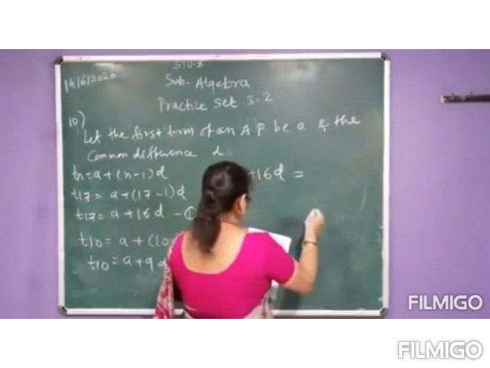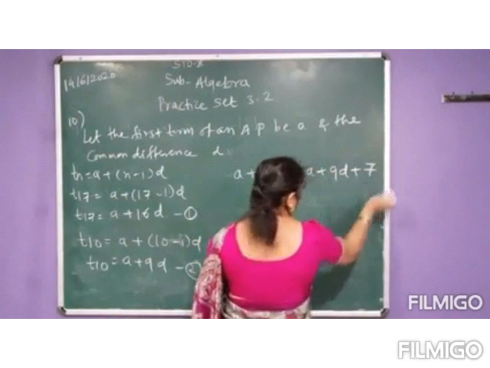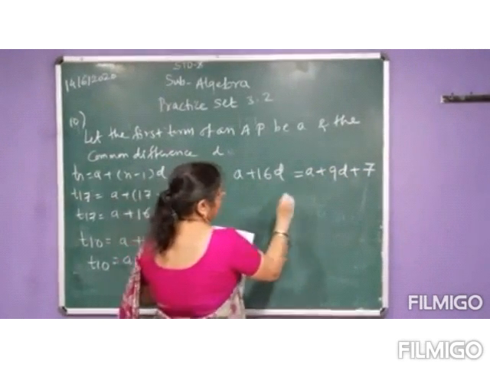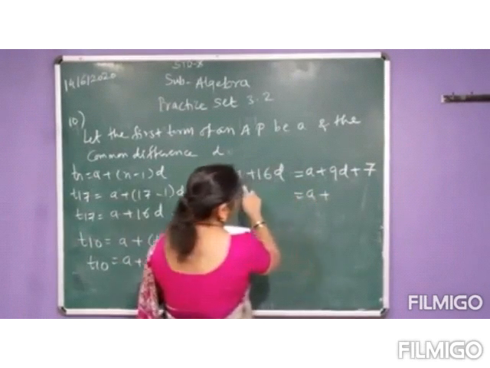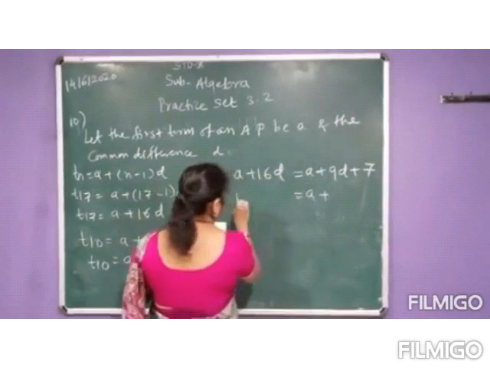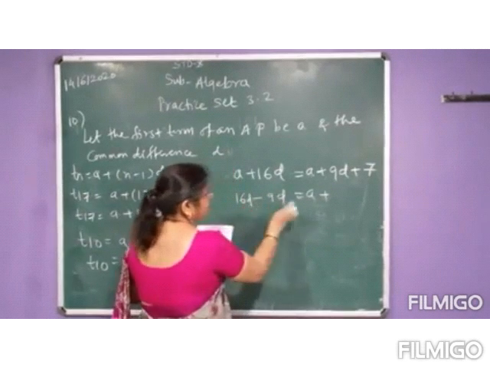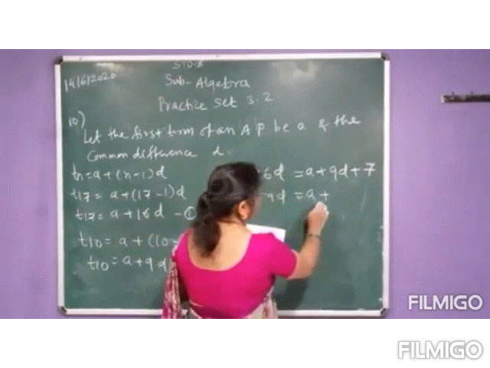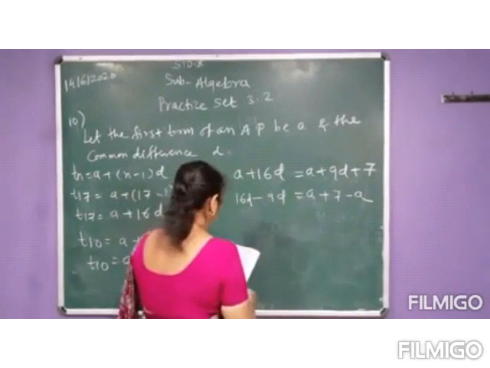It is 7 more than the 10th term, so by using this, what you got is A plus 9D. Now what we will do here? We will put the like terms together. So 16D minus 9D is equal to A plus 7 minus A. So what you will get here?